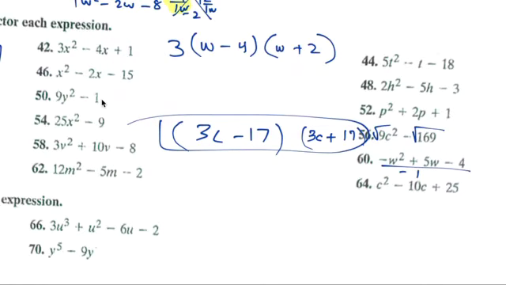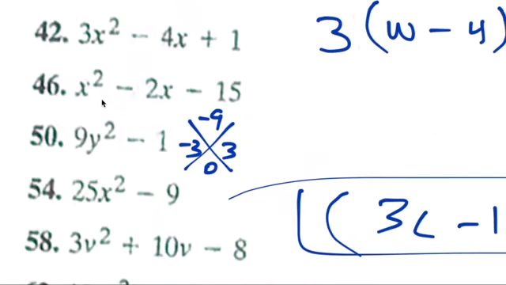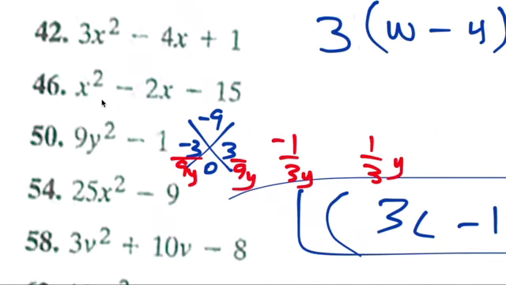If you forget though, like this one, you can always, number 50, do magical x, -9, 0, -3, 3. And then your answer is divide by leading coefficient of 9. -1/3 y, and the other one is 1/3y.